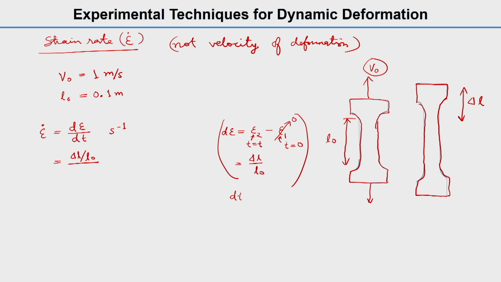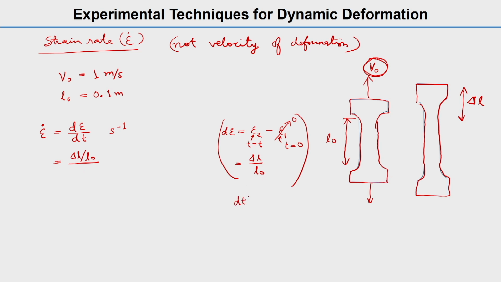We take the velocity of the deformation V naught, divided by the change in length delta L. That gives the time required to change the length of the specimen. So what is dt?